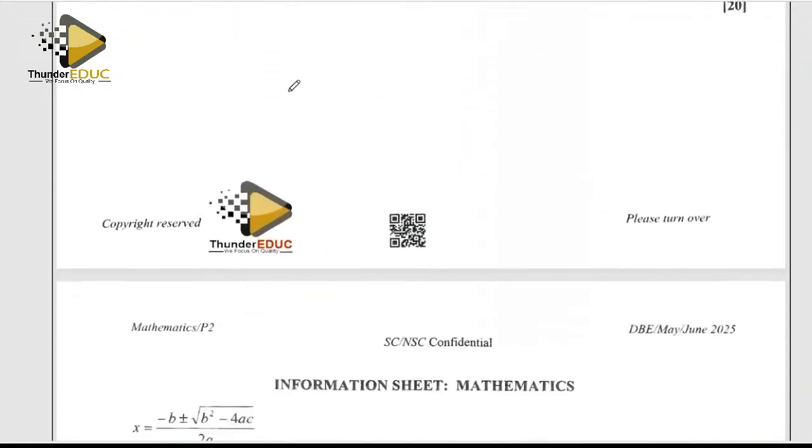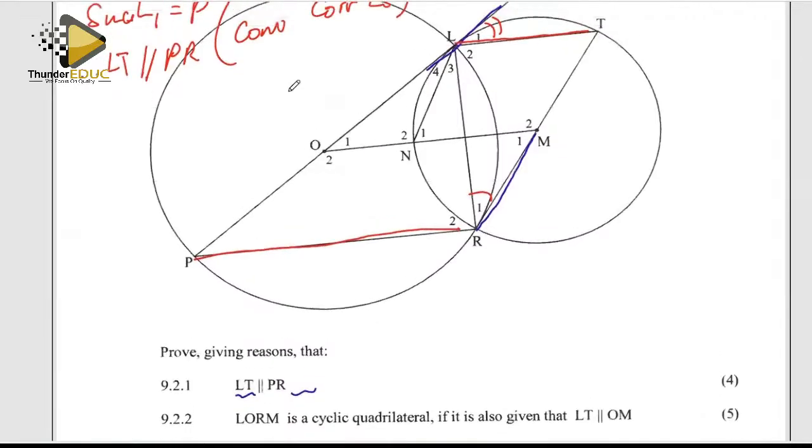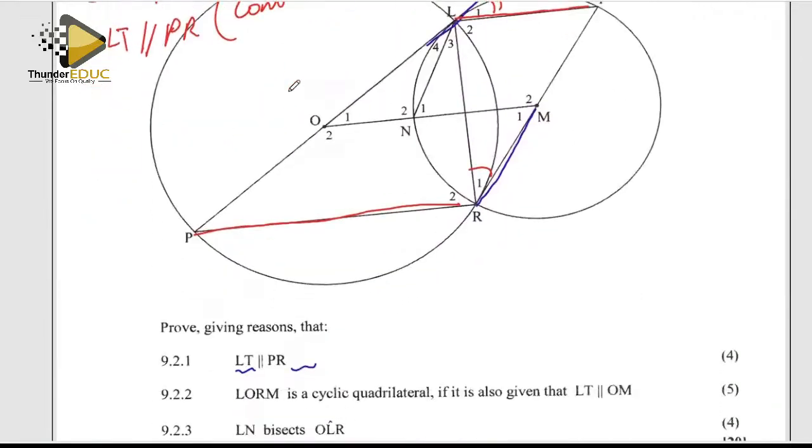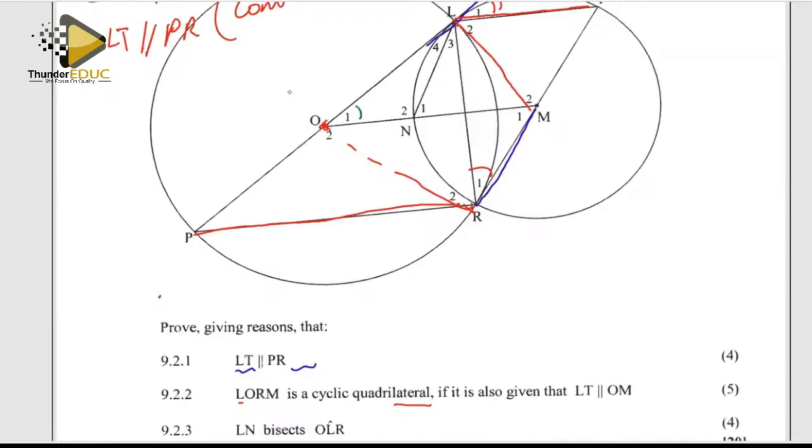And then 9.2.2, they are telling us that LORM is a cyclic quad. We must prove that L, O, R, and M. Okay, so if I connect this, the only thing I need to do in this case is prove either this angle is the same as this, or this angle is the same as that.